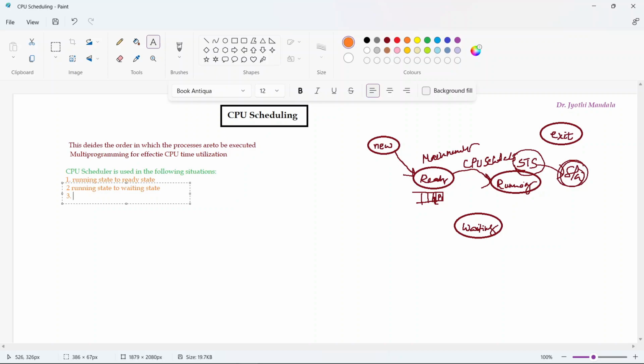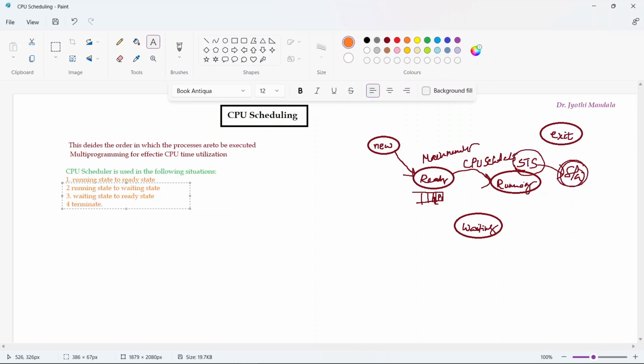Or else the situation may be that the process switches from the waiting state to the ready state. Or else the fourth situation is when you want to terminate the process.